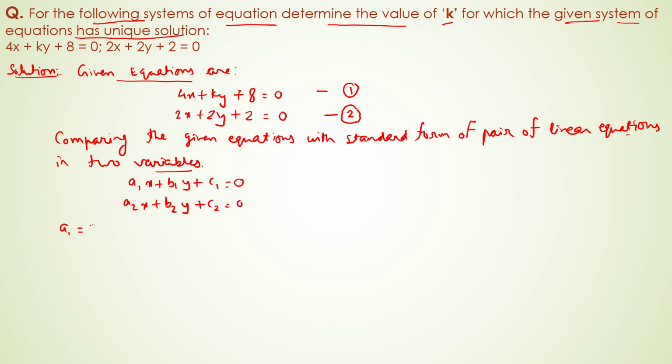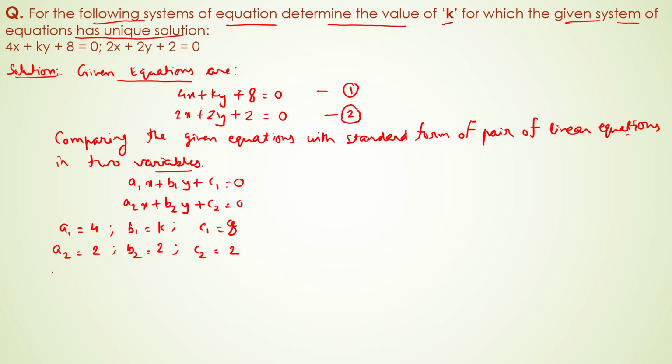Here we have a1 as 4, b1 as k, c1 as 8, a2 is 2, b2 is 2 and c2 is again 2.